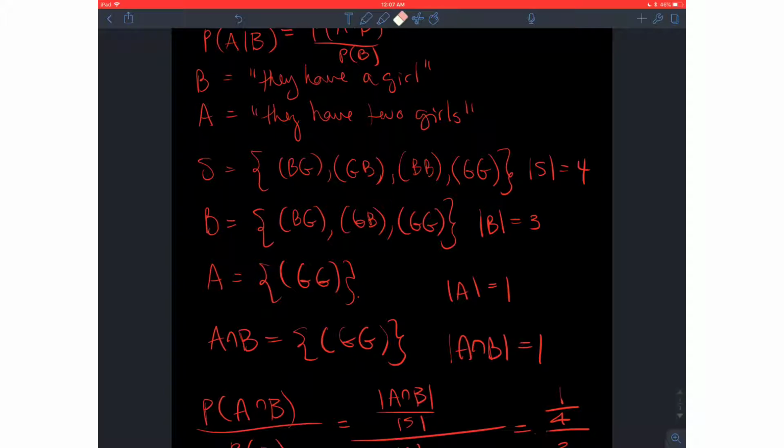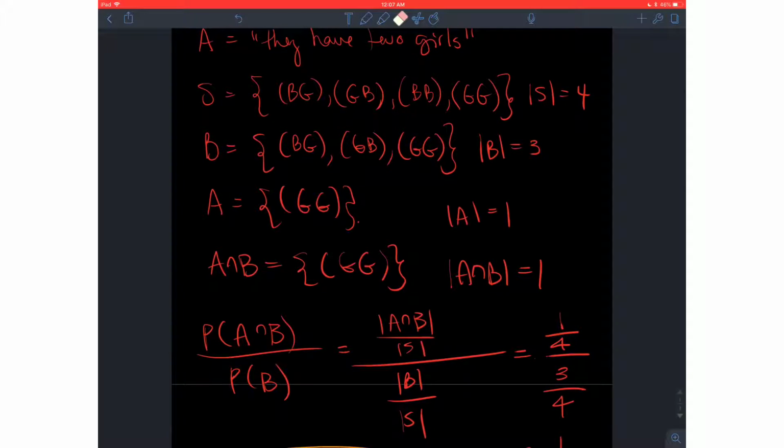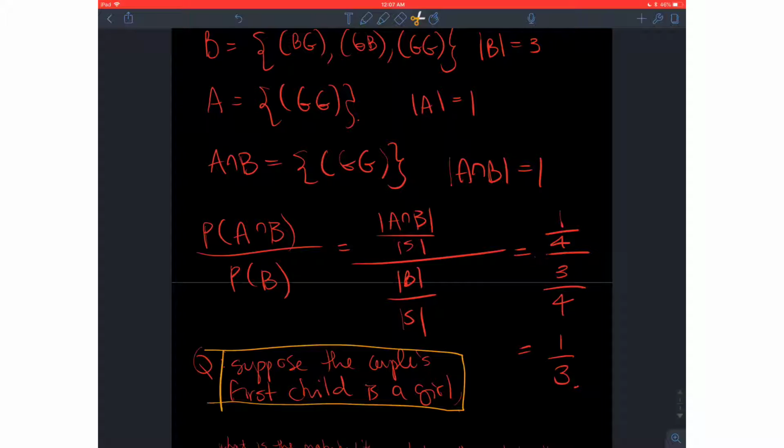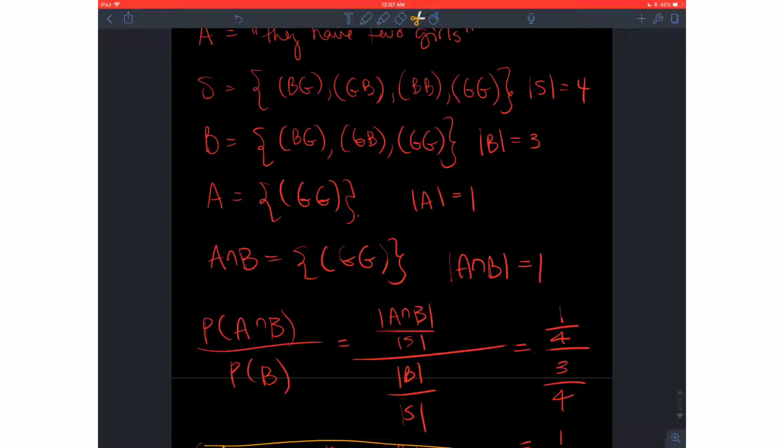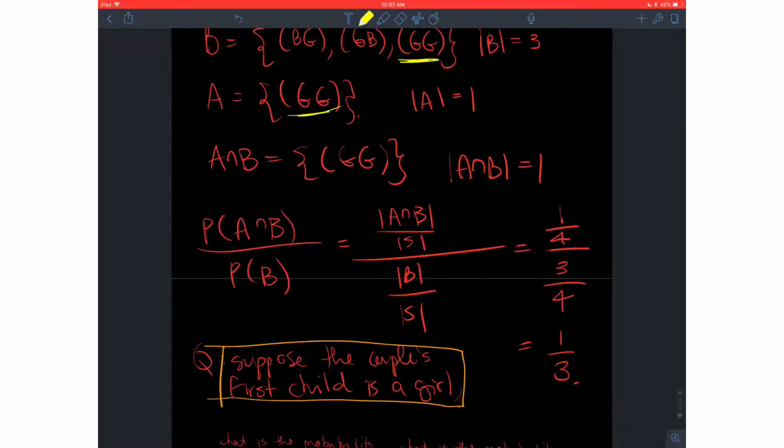Now the set A, they have two girls, is rather straightforward. It's just girl-girl, and so the cardinality of that set is 1. Now, A intersect B, or A and B, is just girl-girl, because that's the only element that's shared between those two sets.